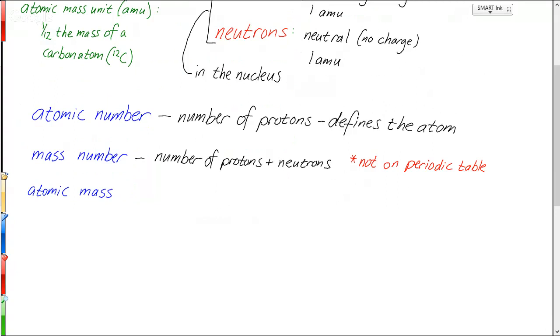Then the atomic mass, we're going to define as the weighted average, and I'm going to use some words that we haven't defined yet, but we'll come back to it. The weighted average, oops, not atomic.